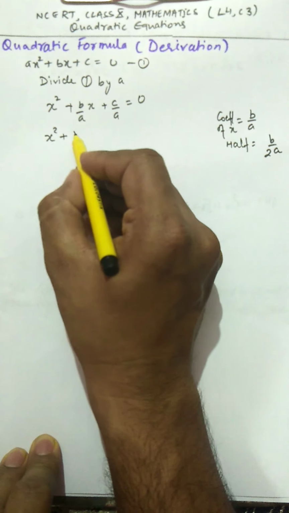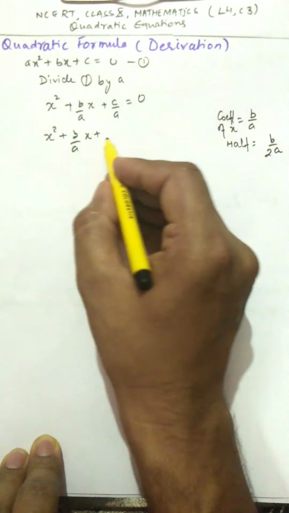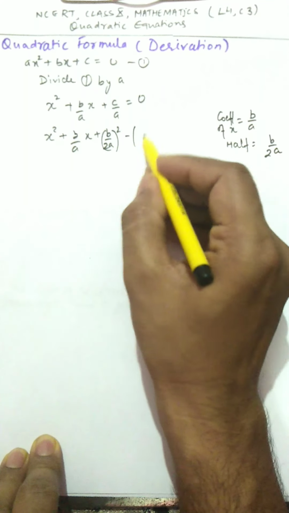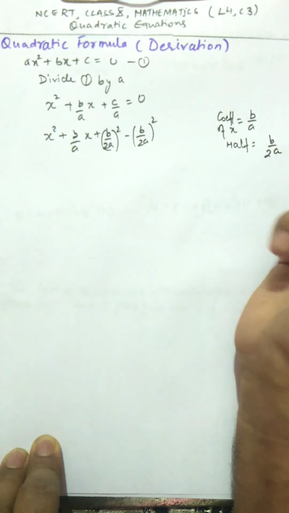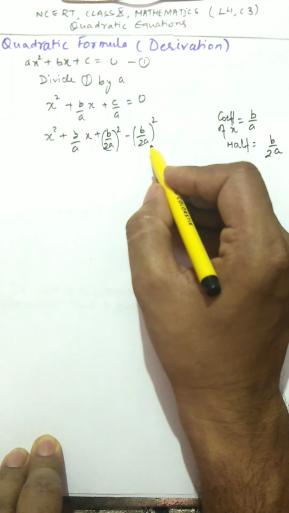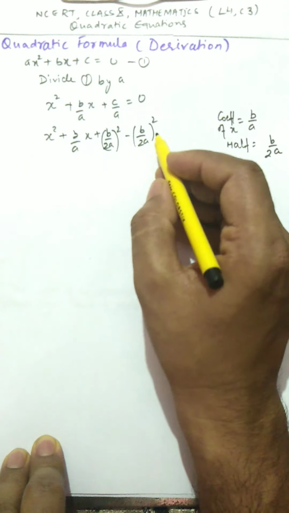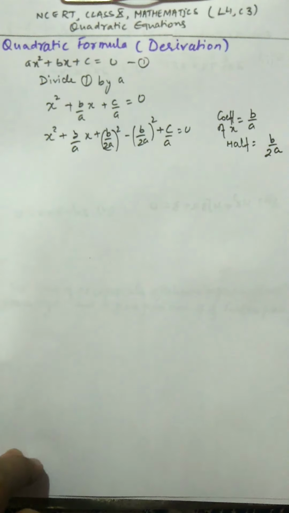So to b upon a x, we add the square of b upon 2a, and minus b upon 2a, this is again square. We are adding and we are subtracting because we cannot change anything from our side, so we have to do this justification, and then it is plus c upon a equal to 0.